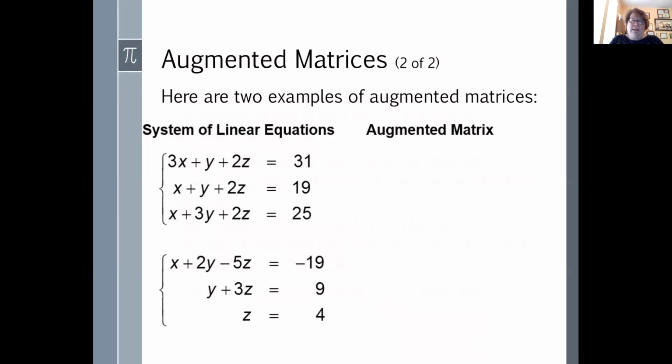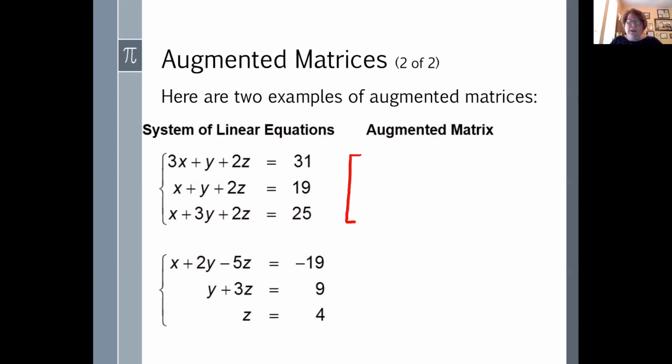The third equation is x plus 3y plus 2z equals 25. So I'm going to create my augmented matrix. The first thing I'm going to do is to write a bracket. When I see this bracket, that tells me that this array of numbers is a matrix.